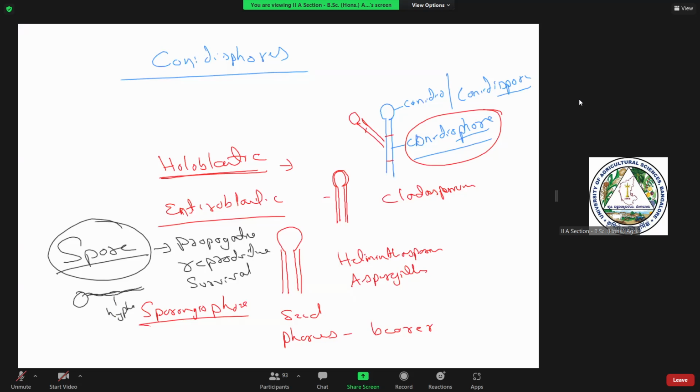The spores can be endogenous or exogenous. What do endogenous and exogenous refer to? Endogenous spores are formed within swollen, sac-like structures, and this swollen sac-like structure is called a sporangium.